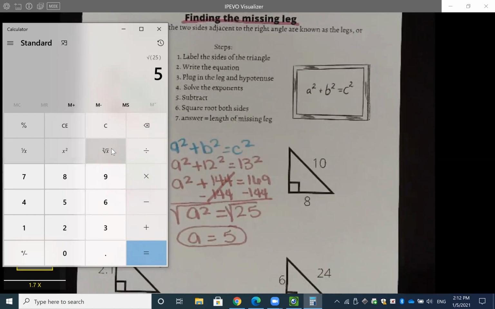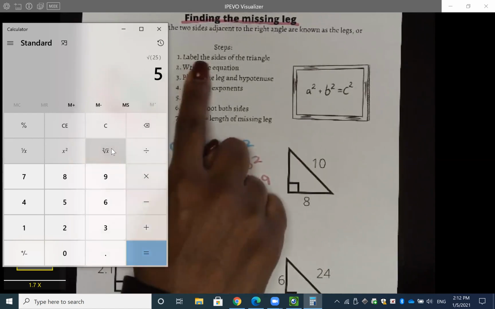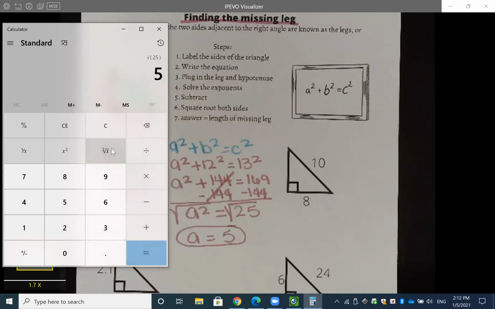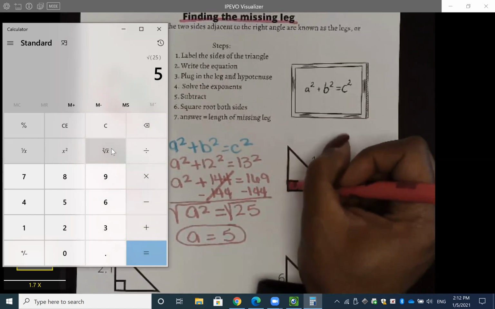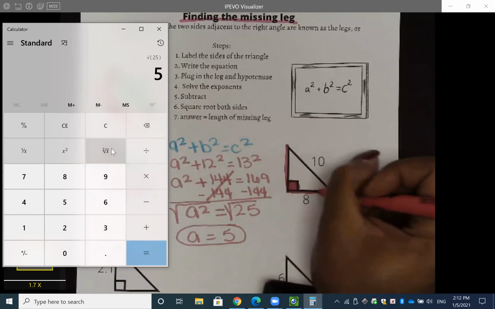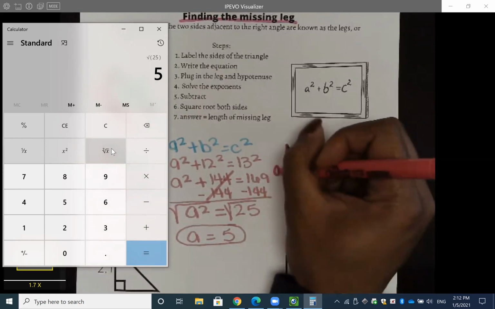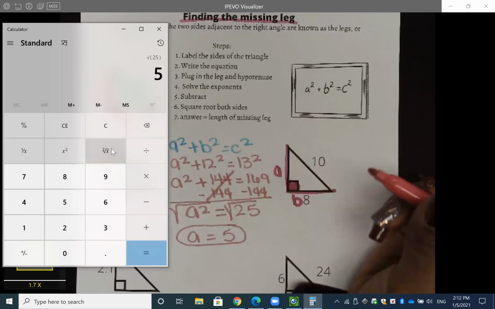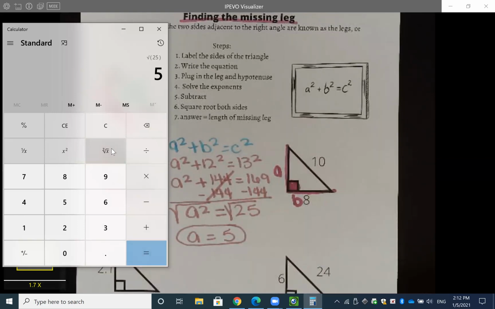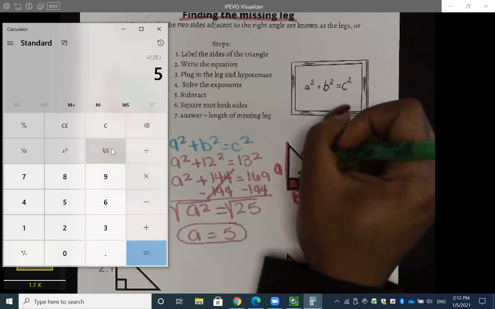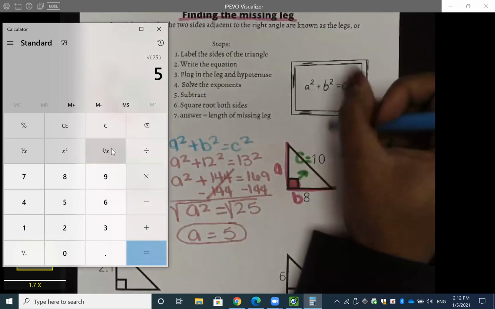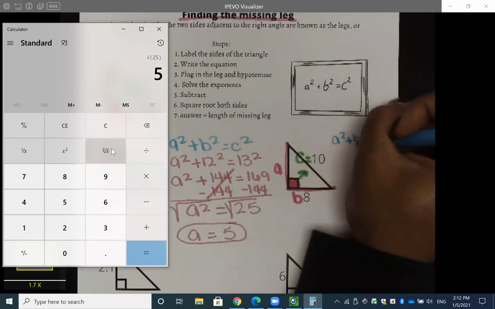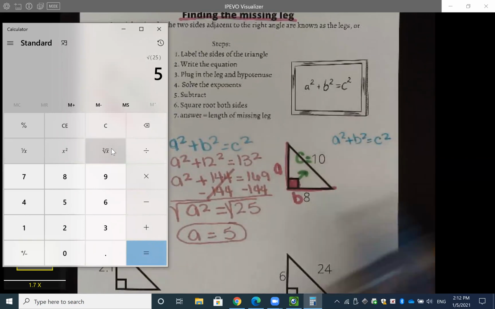For number 2, I'm going to start off with step 1, label the sides of the triangle. I'm going to first identify my right angle. The two sides touching my right angle are my legs, or my A and my B. The one directly across from it is my C. I am going to write the equation, which is a squared plus b squared equals c squared.